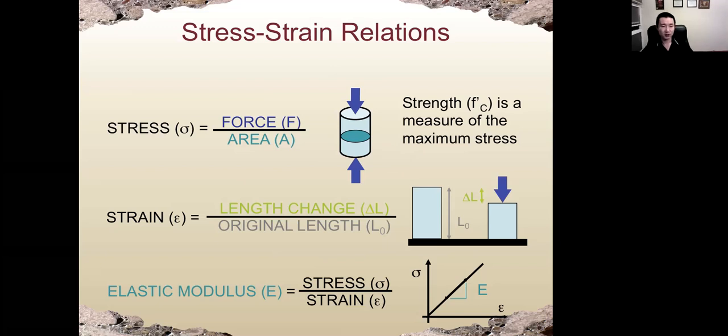And the strain, which we call epsilon, is delta L, the change in length, divided by the original length of the specimen, L0. The elastic modulus E is equal to the stress sigma over the strain epsilon, which is also the slope of the stress-strain curve.